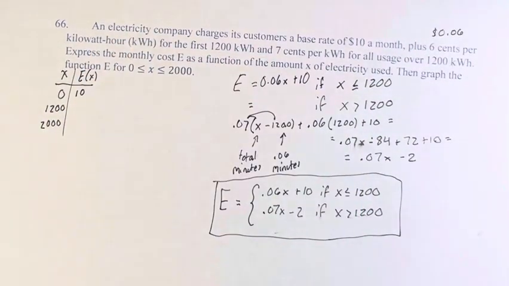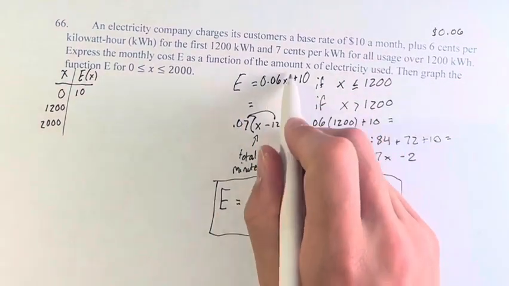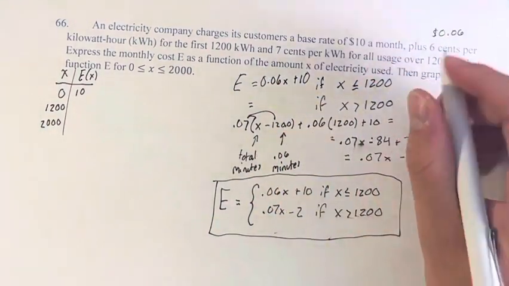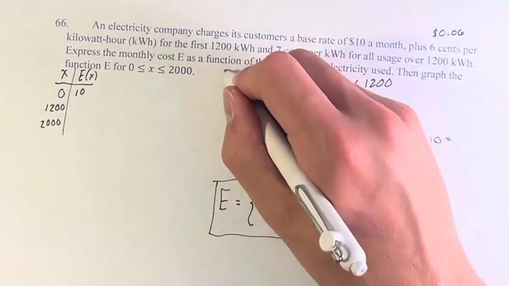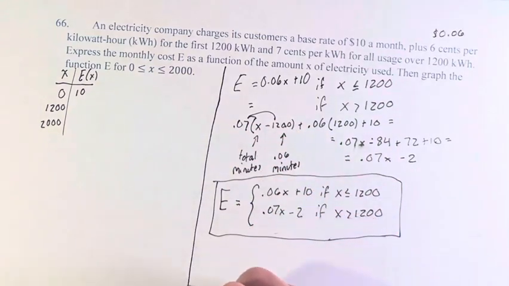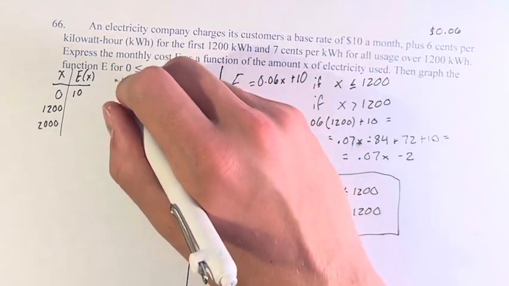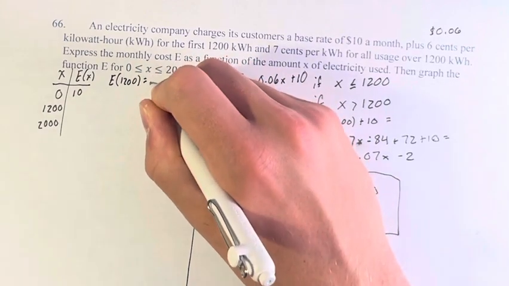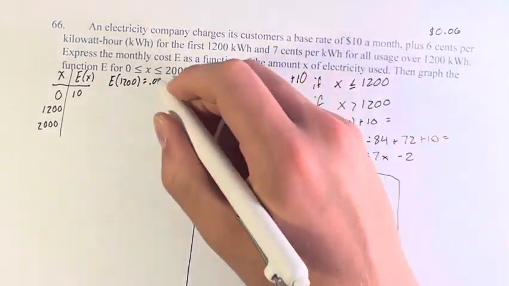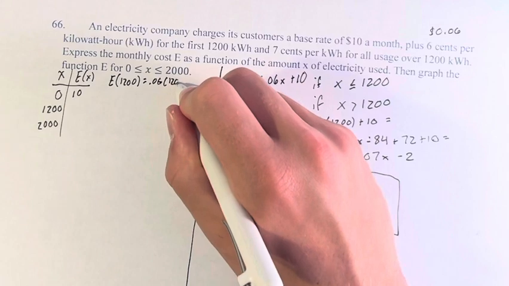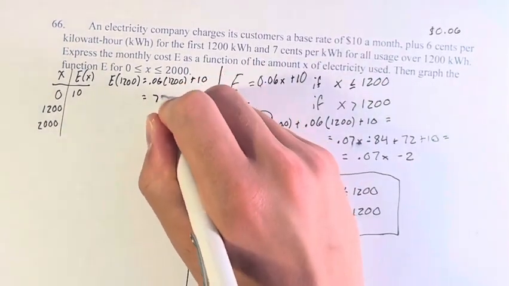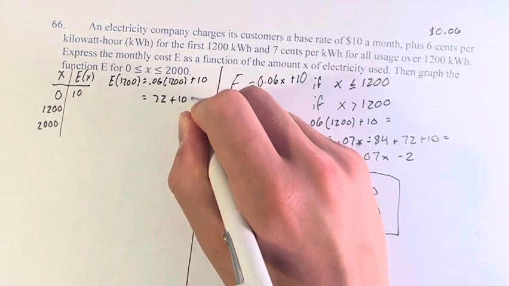We're not paying anything else. At 1,200, we're using this formula. E of 1200 is equal to 0.06 times 1200, plus 10. This is 72 plus 10, which is 82.